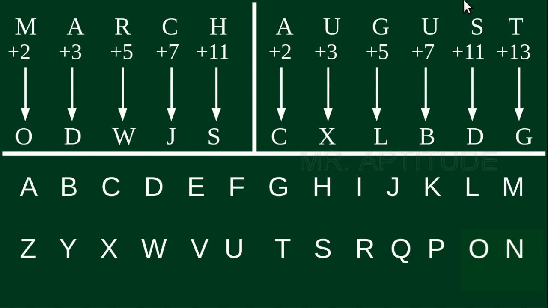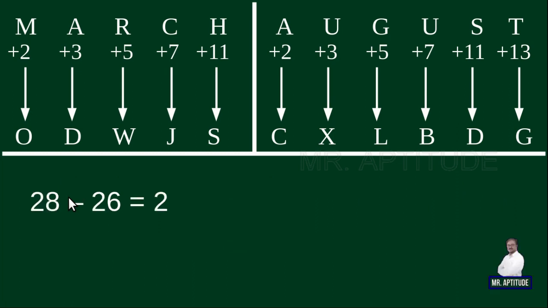So, in order to find these things, as these are the English alphabet, is it possible to calculate every time this way? U plus 7, this is U, plus 1, plus 2, plus 3, plus 4, plus 5, plus 6 and plus 7. Does this work in your exam? No. In that case, we have to calculate it this way.